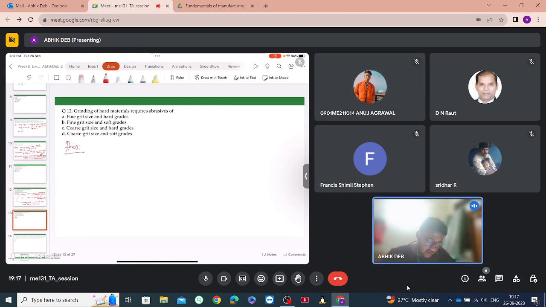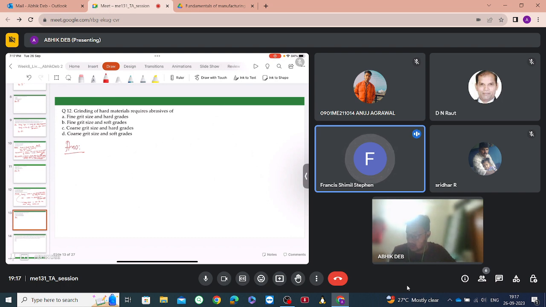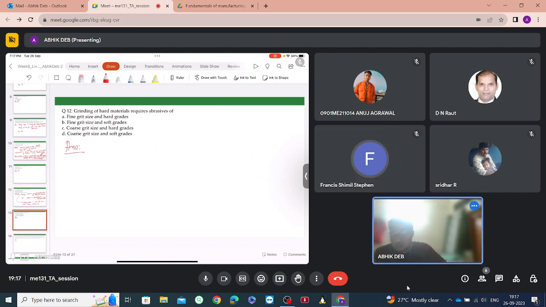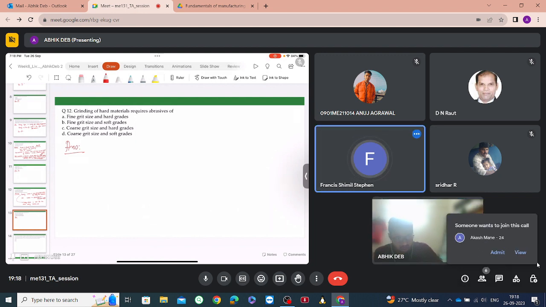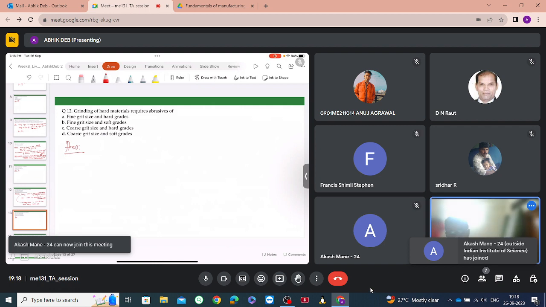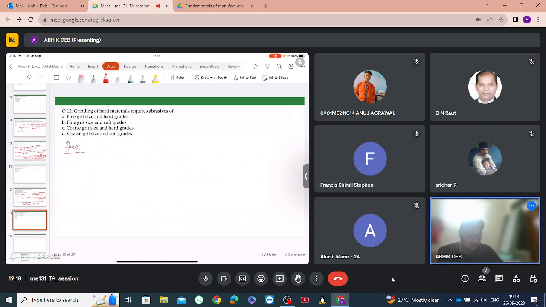How is soft grade related to fine grit? I already told you that grit is not equal to grade. So for the fine grit, the grinding force will be higher, isn't it? Is that the reason why grinding of hard materials is done with fine grit size?